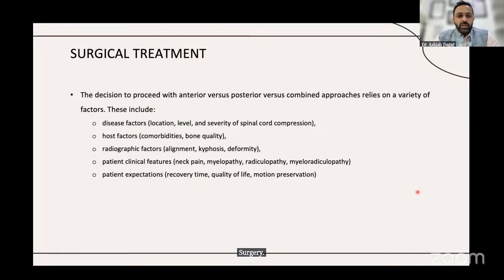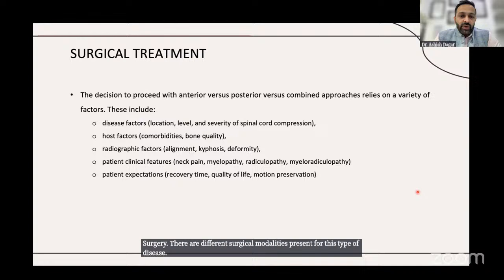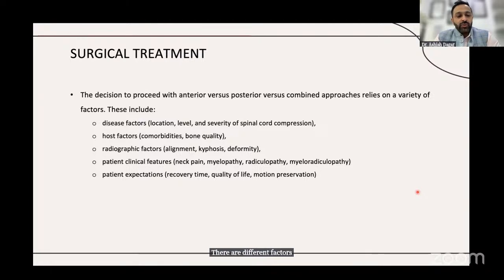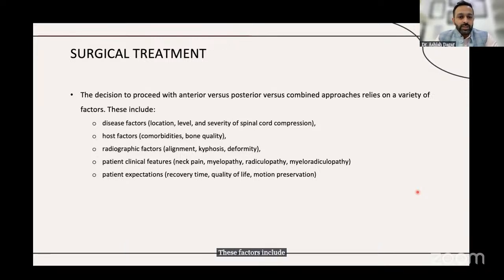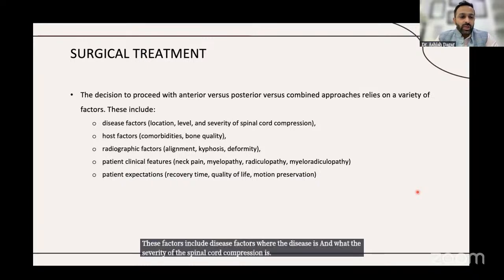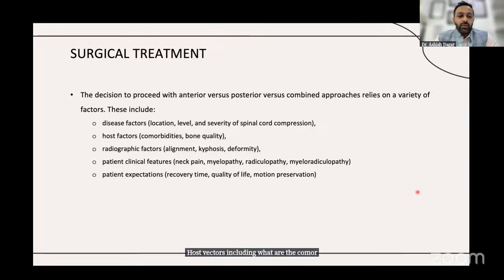There are different surgical modalities for this type of disease. There are different factors which need to be considered before deciding what type of surgery we need to do. These factors include disease factors, where the disease is and what the severity of the spinal cord compression is. Host factors, including the comorbidities of the patient and the quality of the bone.